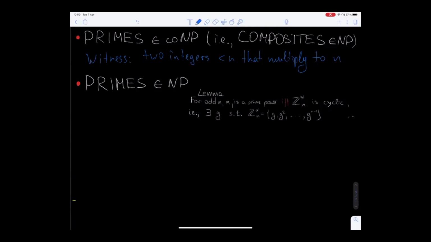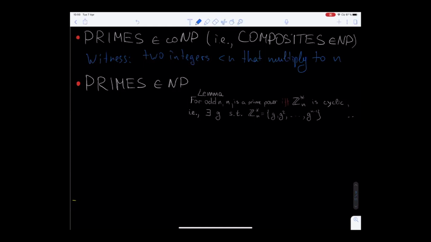So we take G, G squared, etc., and you get all the elements of Zn star. And well, the number of elements would be n minus 1 only in case n is prime, but it would be smaller when n is a prime power. But anyway, this set generates the group.